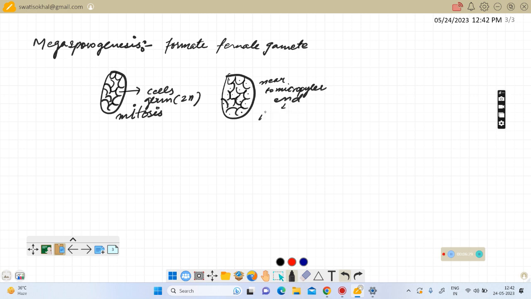It will convert into the mature megaspore cell, or you can say the megaspore mother cell.